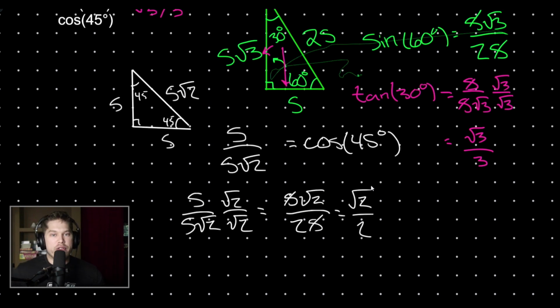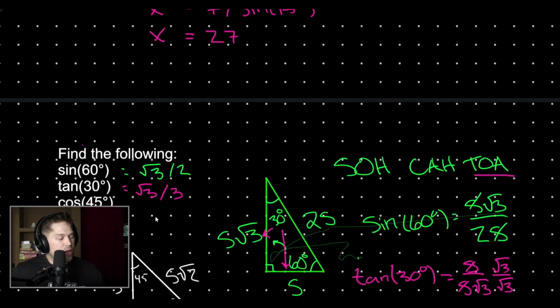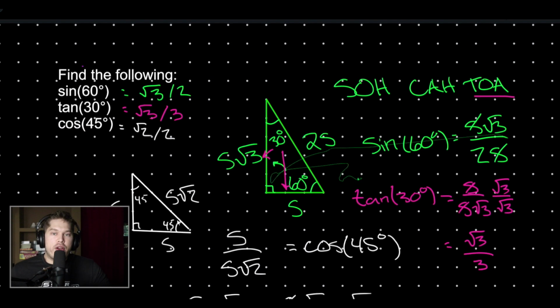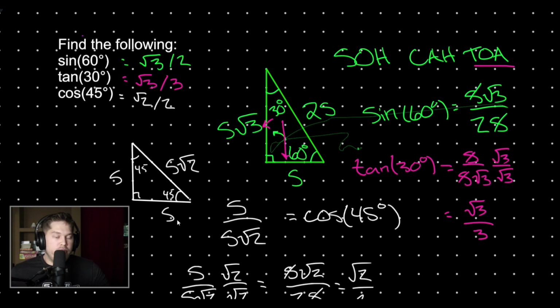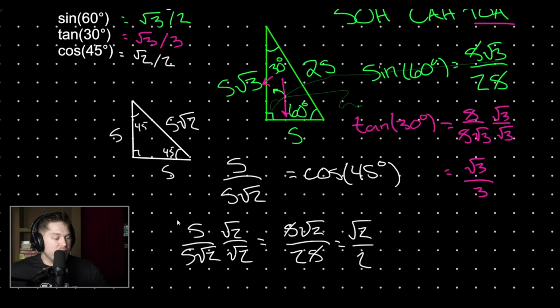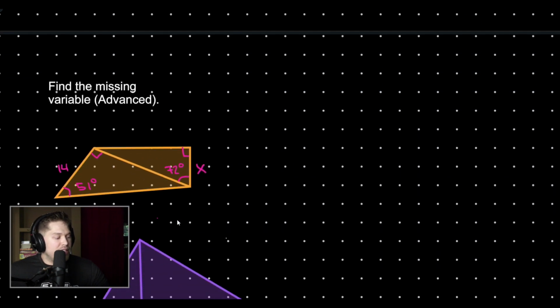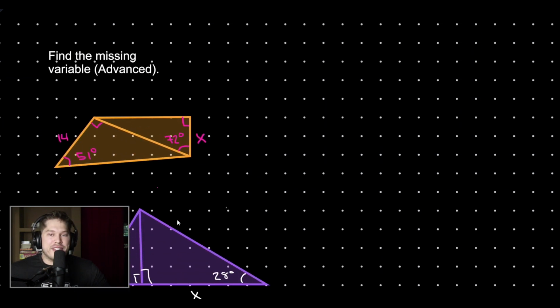So cosine of 45 degrees is root 2 over 2. So there's how we can use our special right triangles to solve for different values for our trig functions. Let's continue. We only have a few more problems left.